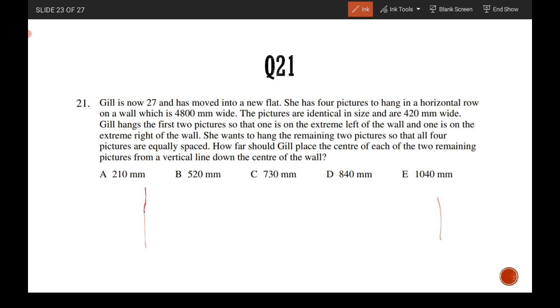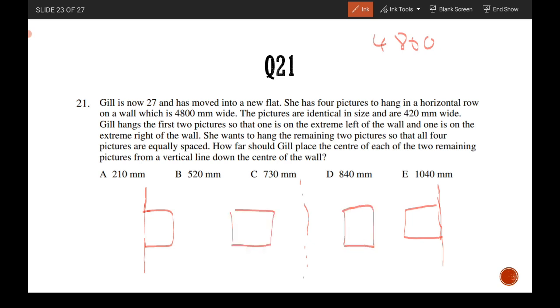Right, so moving on. These are the 2 walls, and we know they're 4,800 millimeters apart. Then there are 4 paintings, one on the extreme left, one on the extreme right. Let's draw in the middle for now, and then we know 2 more paintings here, and you'll note there are 3 spaces in between.